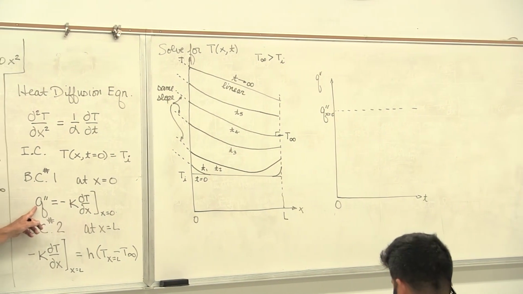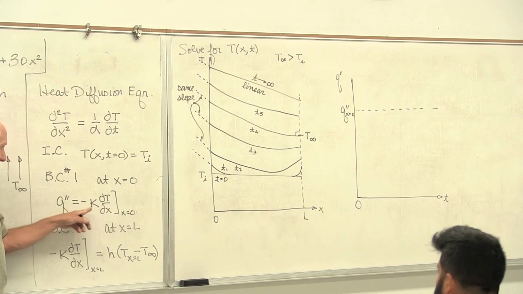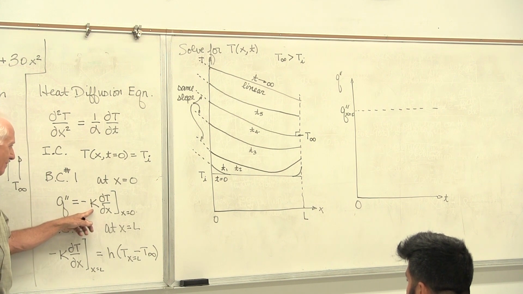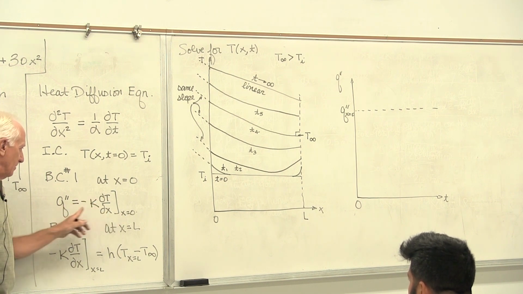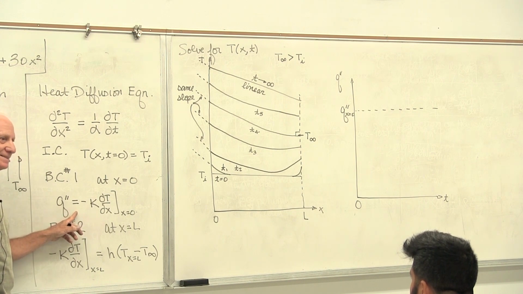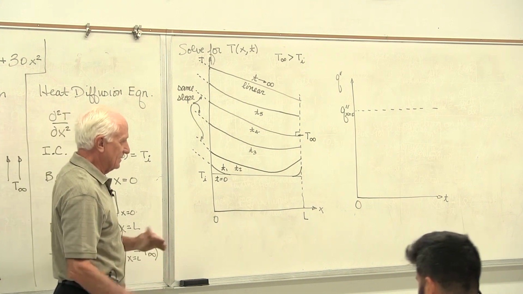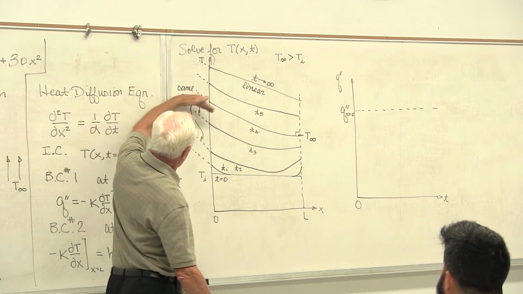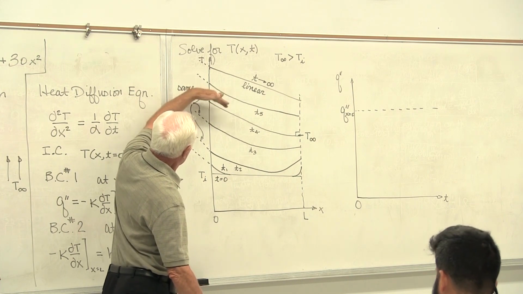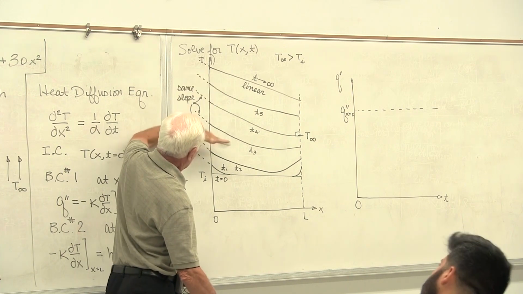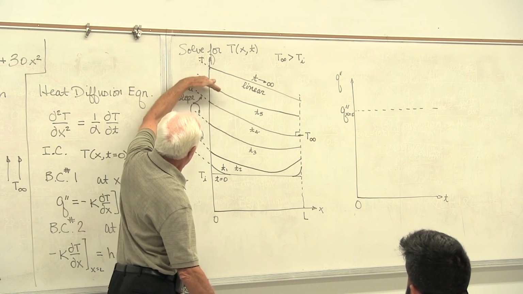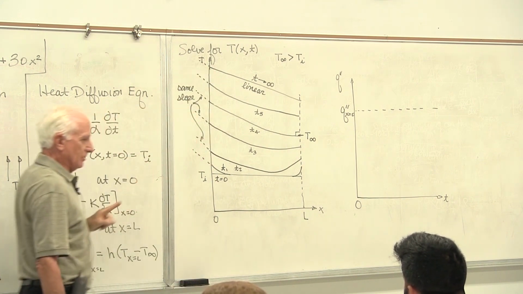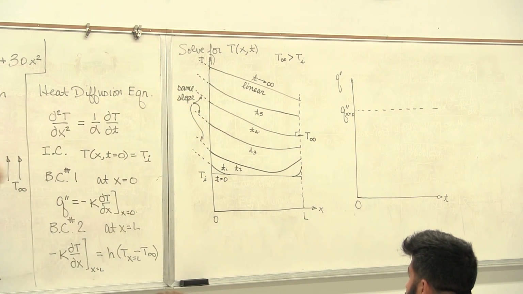Is that guy constant? Yeah, I told you it was. Is that k constant? Yeah, I told you it was. What does that mean? dT/dx at x equals 0 must be what? A constant. Exactly. dT/dx at x equals 0 must be a constant, irregardless of the time. Same slope, same slope, same slope. Every one of those slopes at x equals 0 must be the same. Make your drawing. It should show that.